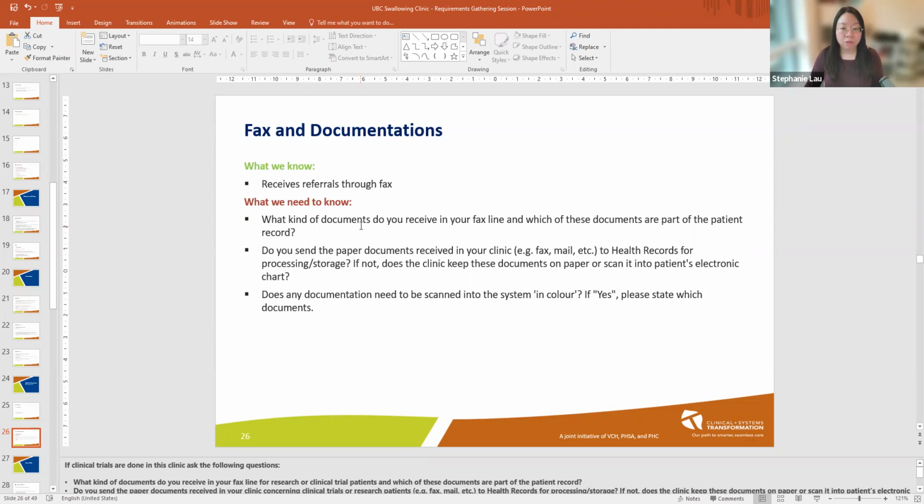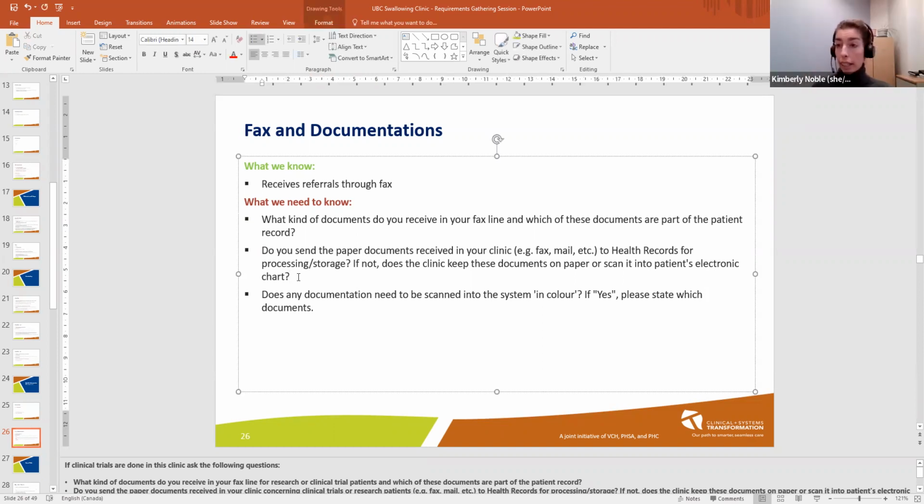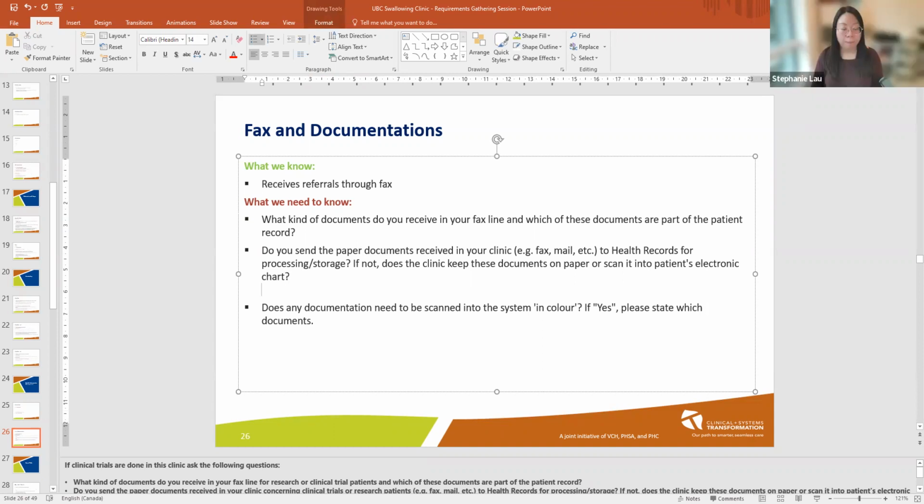And in terms of health record storage and processing, are you using health records, or is any of the paper sent over to something like Iron Mountain? The files are stored in the clinic in filing cabinets for the required amount of time. Okay. And then they should go to Iron Mountain. Yeah. Okay.